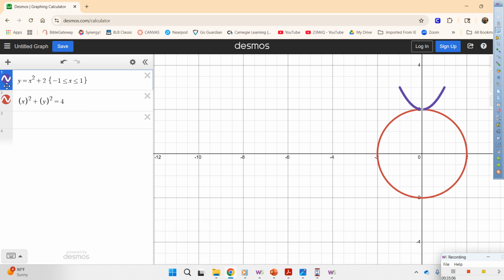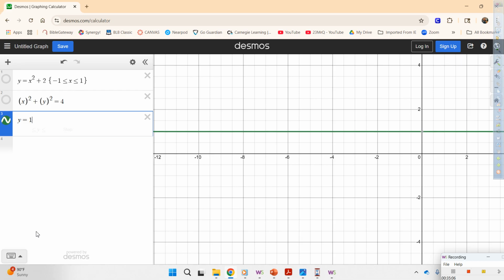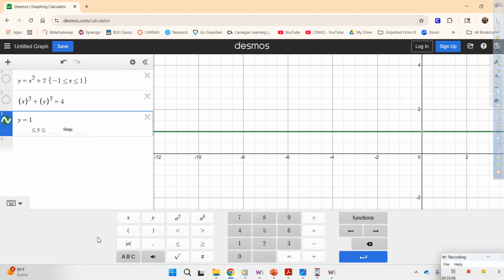All right, turn these off. Let's do one more. Y equals 1 divided by x.